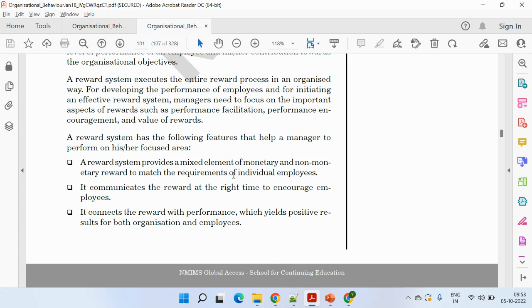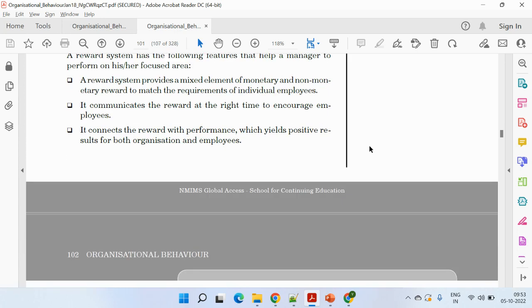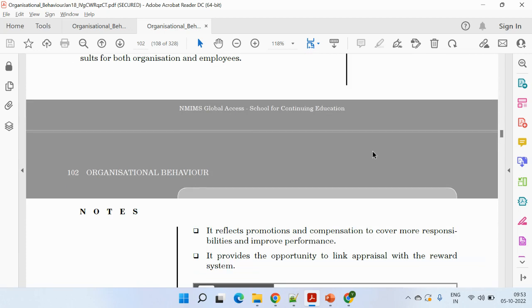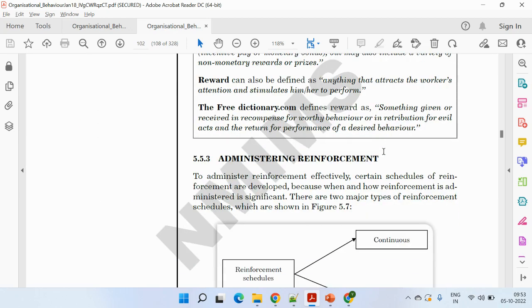It communicates the reward at the right time to encourage the employees. It connects the reward with performance, which helps in yielding positive results for both organization and employees. It also reflects the promotion and the compensation part. It provides the opportunity to link the appraisal with the reward system.